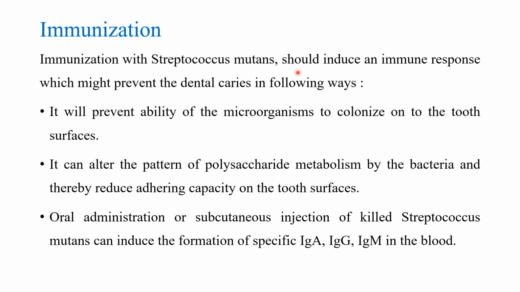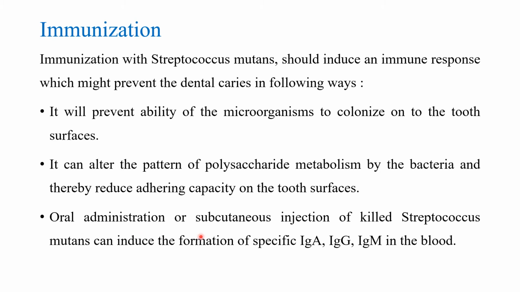Immunization with Streptococcus mutans should induce an immune response which might prevent dental caries in the following ways. It will prevent the ability of the organism to colonize the tooth surfaces. It can alter the pattern of polysaccharide metabolism by bacteria, thereby reducing adhering capacity on the tooth surfaces.